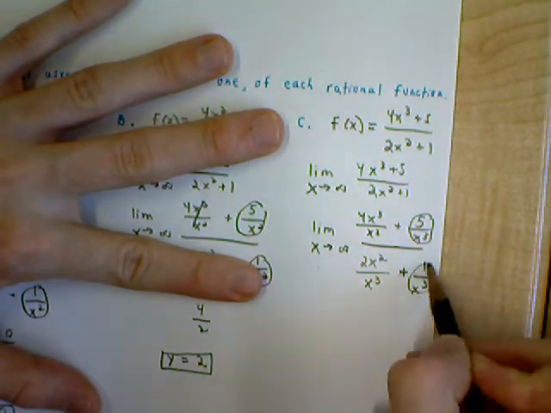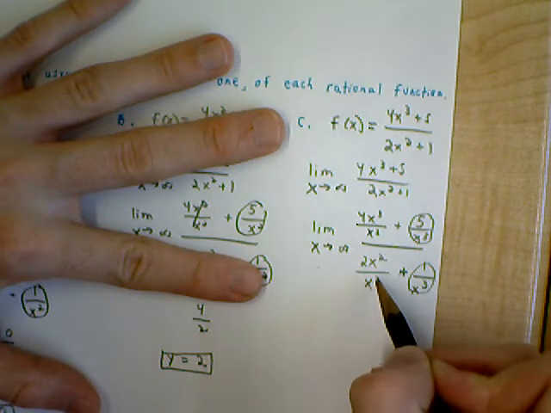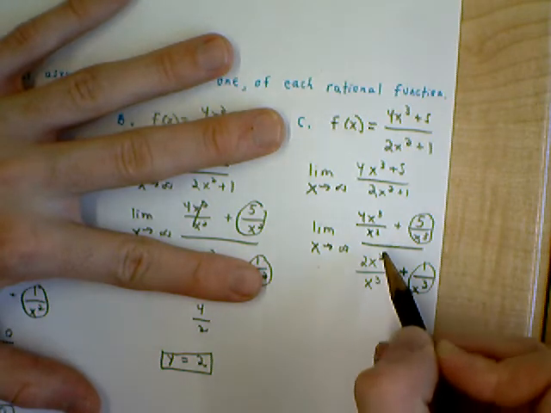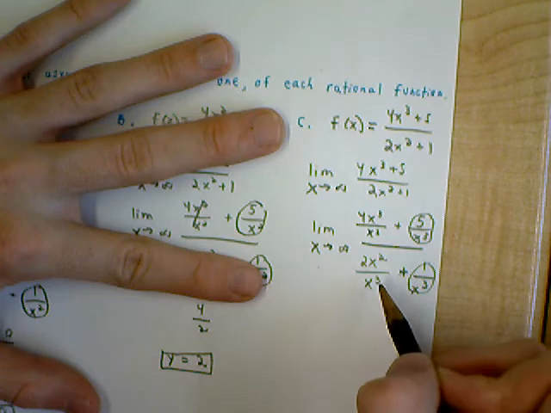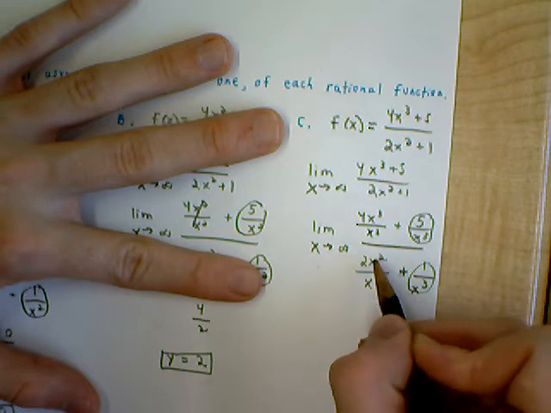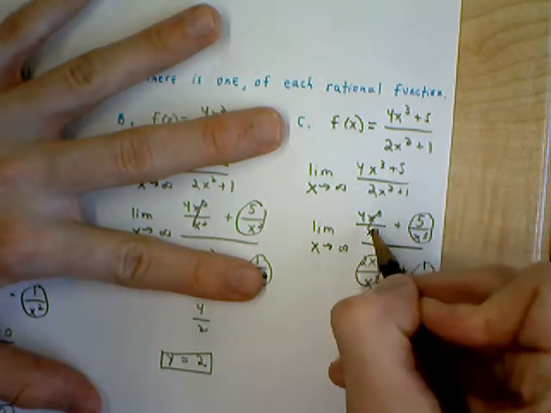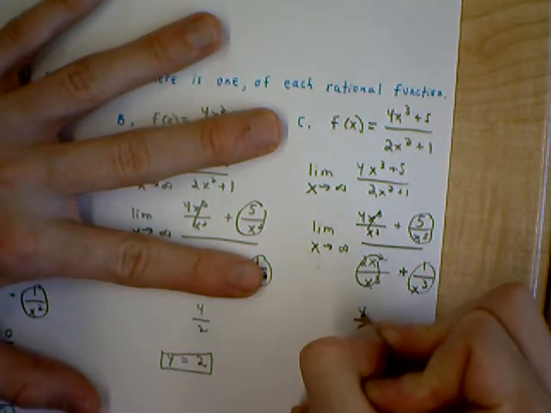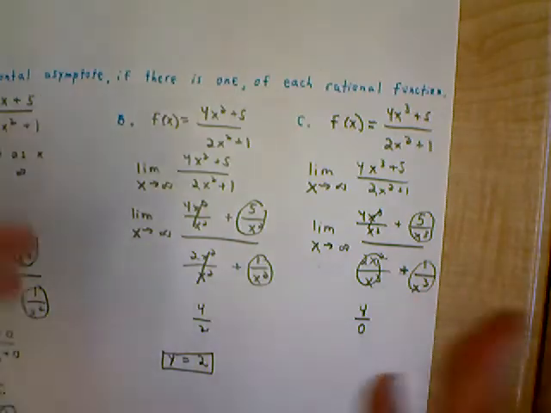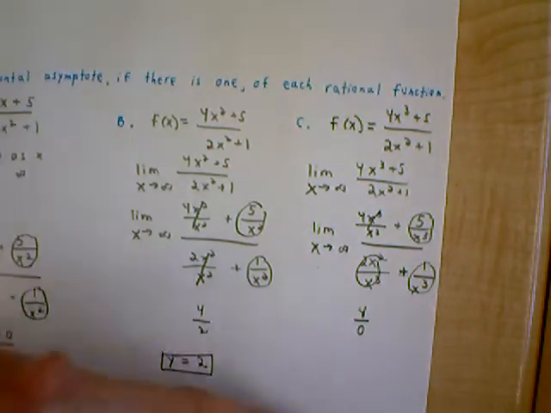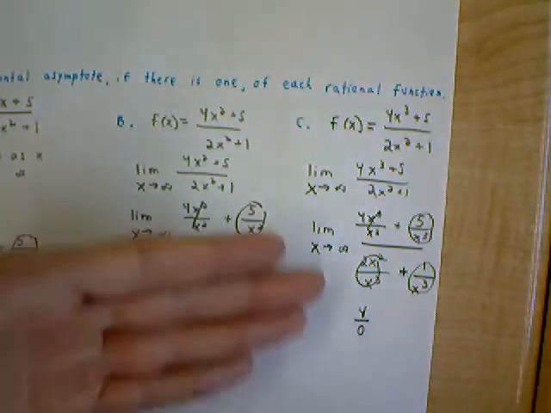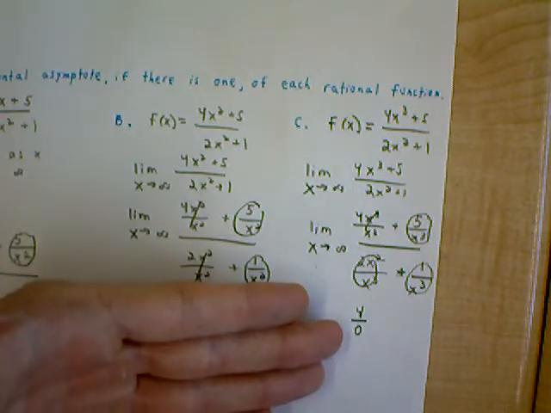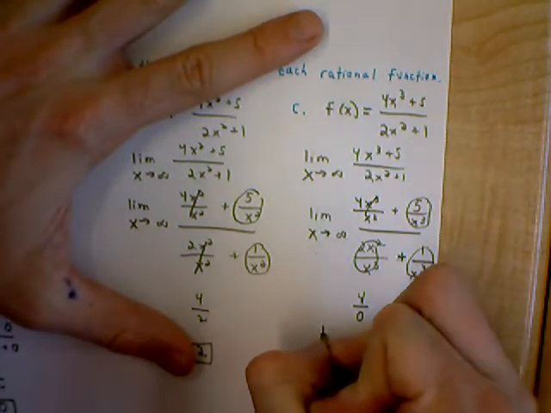I'm going to get 0 right here. X squared over x cubed is going to also give you 0. And then this is going to give you 4. So I'm left with 4 over 0. That means that this limit doesn't exist. I don't have a value for this limit as x approaches infinity. Our limit doesn't exist.